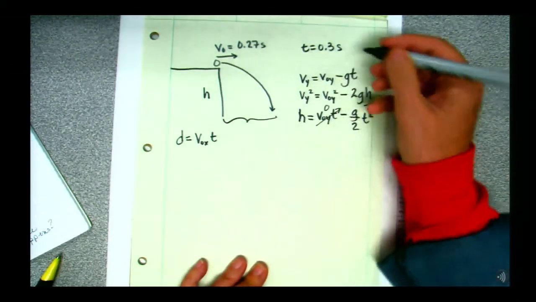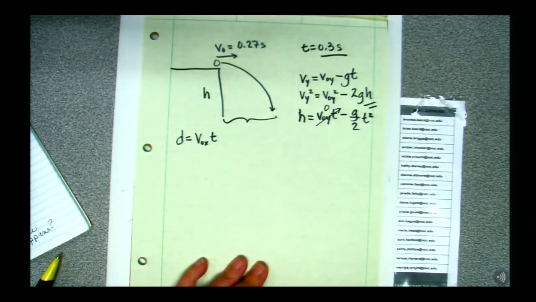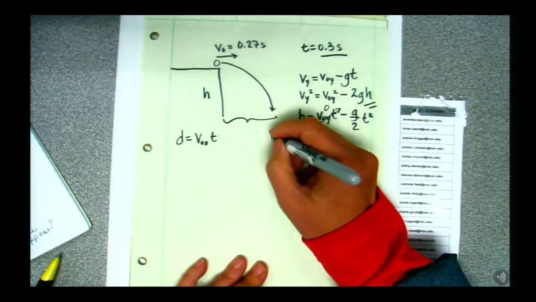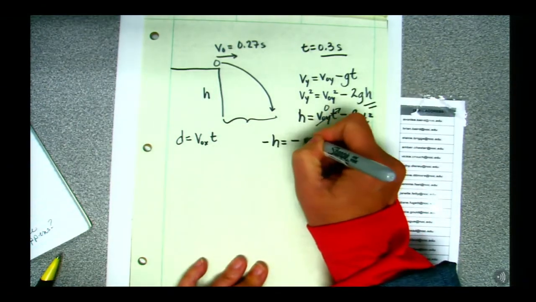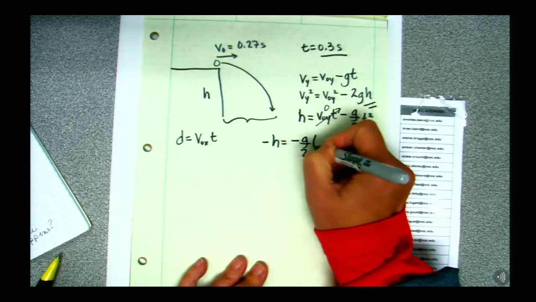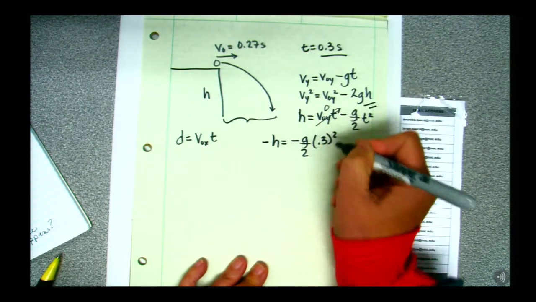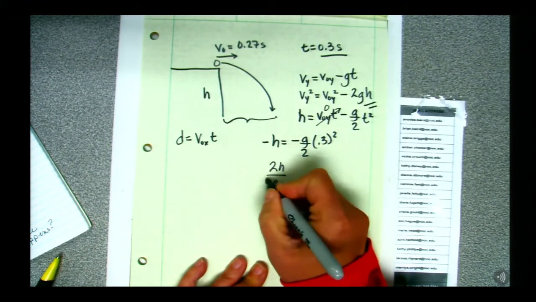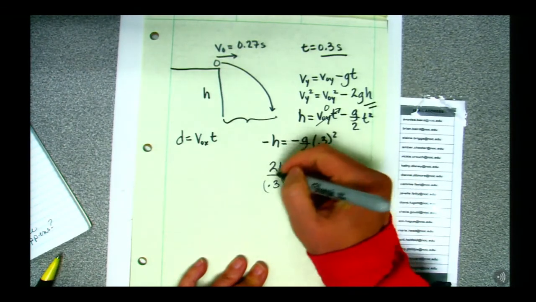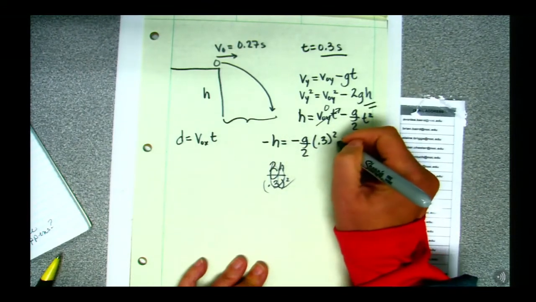And I'm told that my time of flight is 0.3 seconds. So I get 2h divided by 0.3 squared. Oops, I don't want to do it that way, sorry. I'm just going to plug in the numbers.